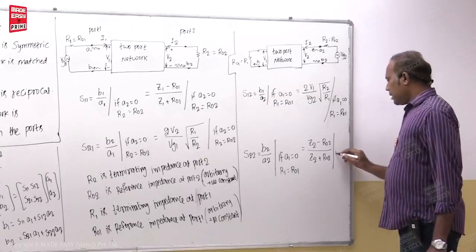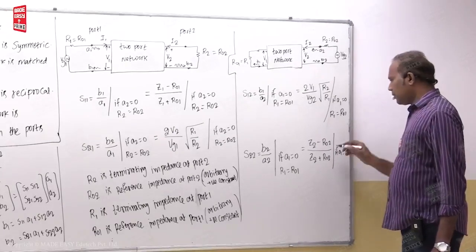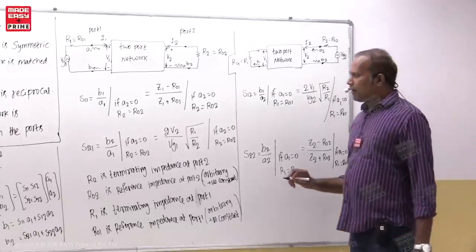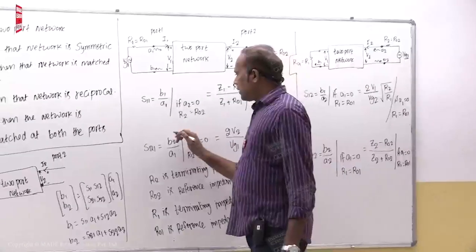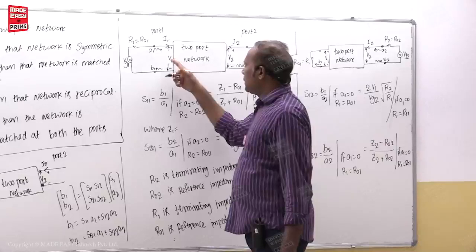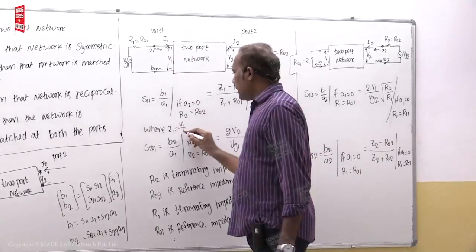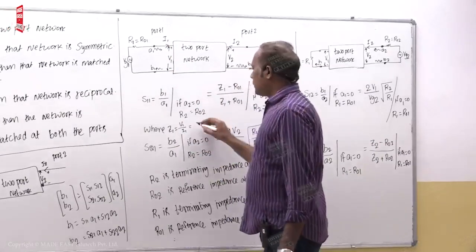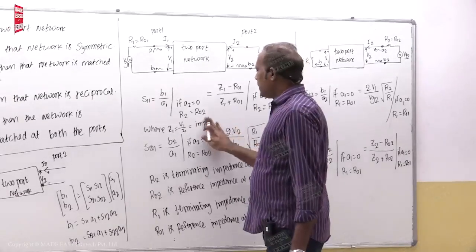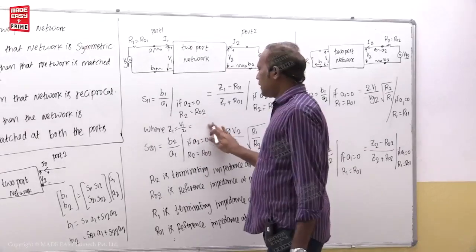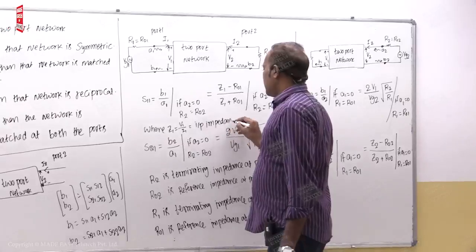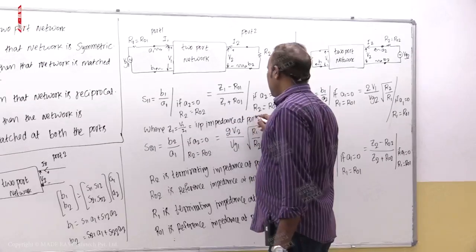So here, if A1 is 0 and R1 is equal to R01, I will write, dear students, where Z1 is equal to V1 by I1, that is the input impedance at port 1.